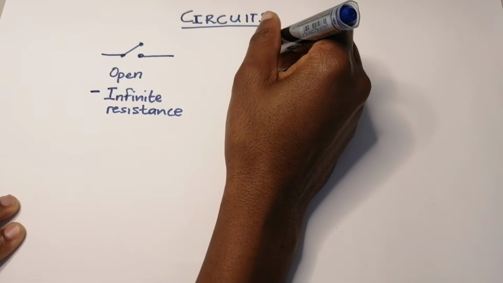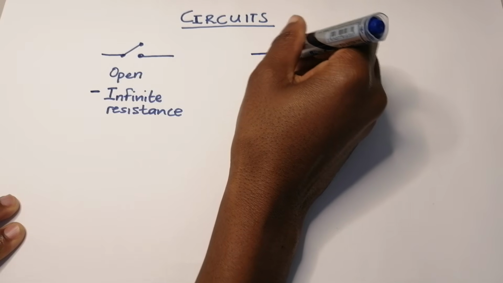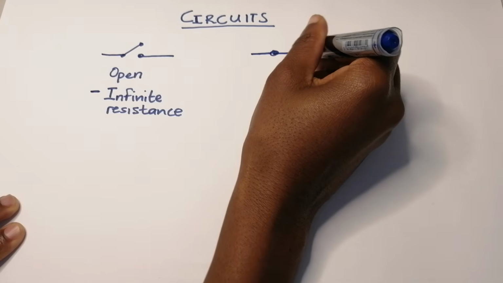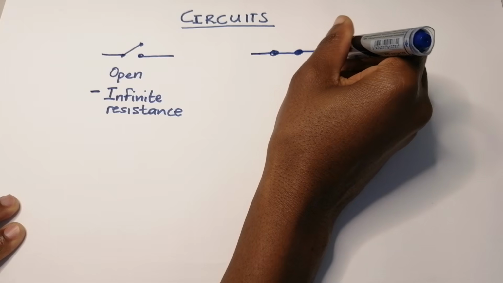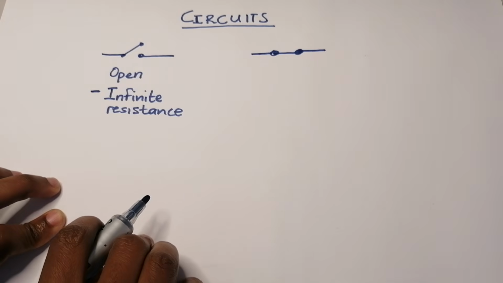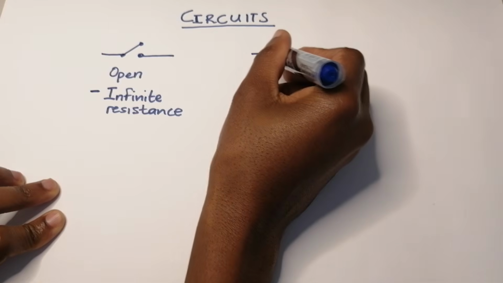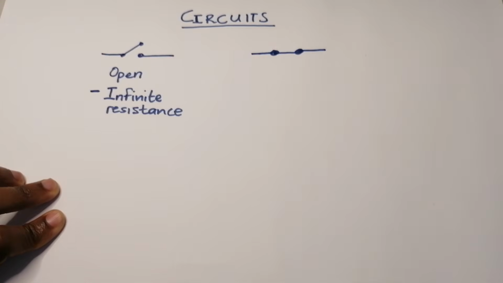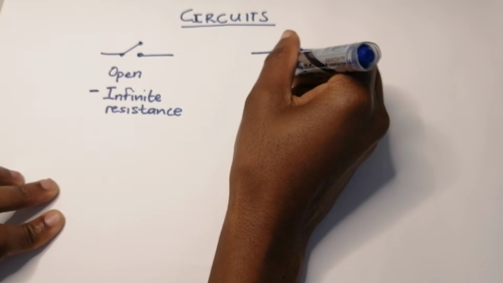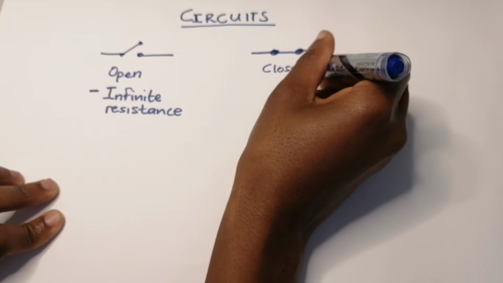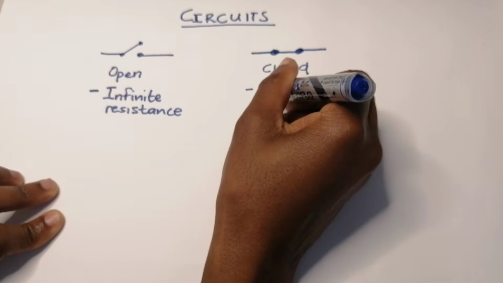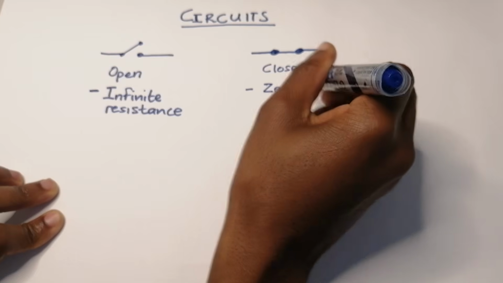However, if we close the switch, you just connect those two up. And by the way, we are talking about ideal switches. Sometimes in real life, of course, these guys don't act as we expect, but these are ideal switches. So in an ideal switch, if I close a switch, so this is a closed switch, we now have zero resistance.